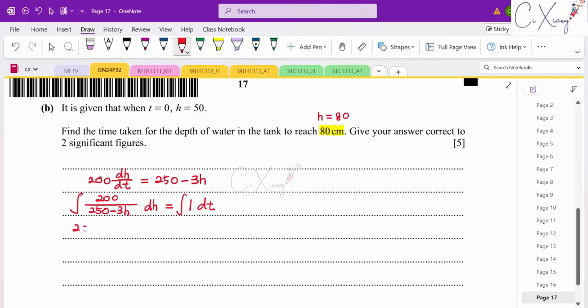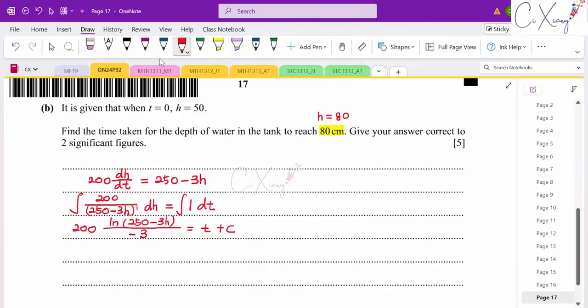200 is a constant, so I just copy it. When you integrate a bracket with a power of 1 at the bottom, you'll be having ln of 250 minus 3h divided by the differentiation of the bracket, which is negative 3. This equals, integrating 1, you get t, plus c.